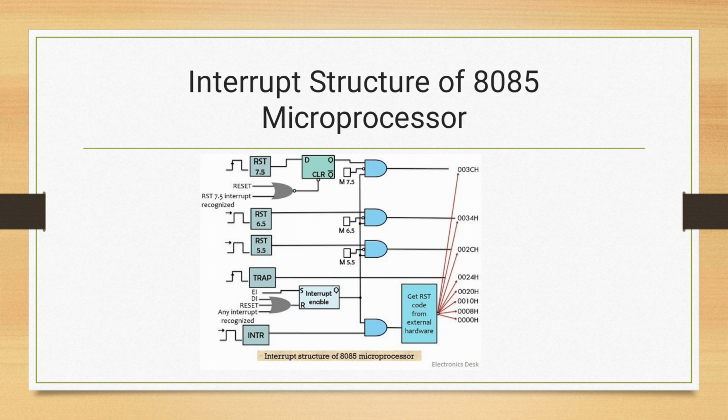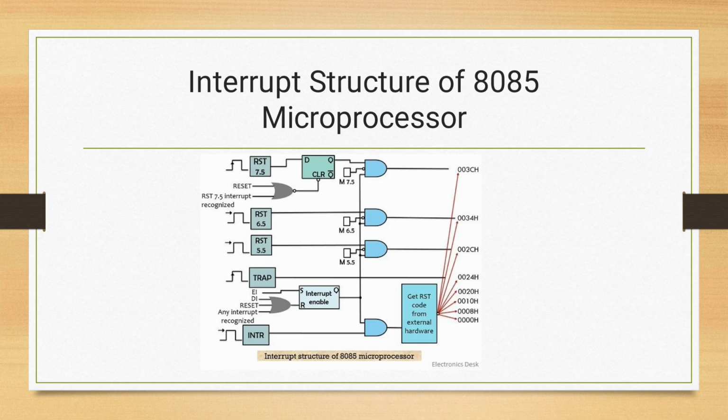Whenever the CPU gets interrupted, the control flow of execution of instructions will change. The CPU will complete the execution, after that it will branch to a particular memory location. That location specified for TRAP is 24 hex. This is the vector address location.